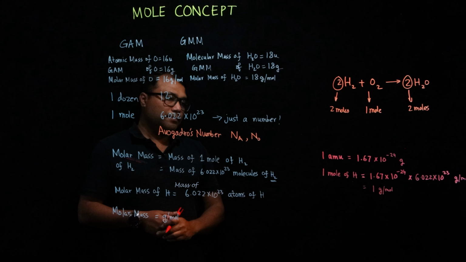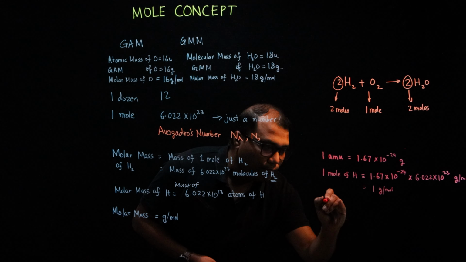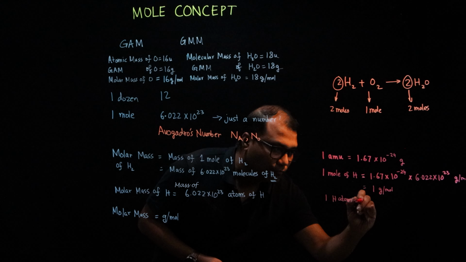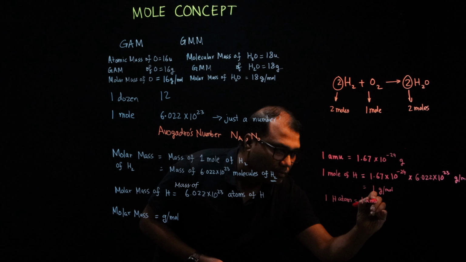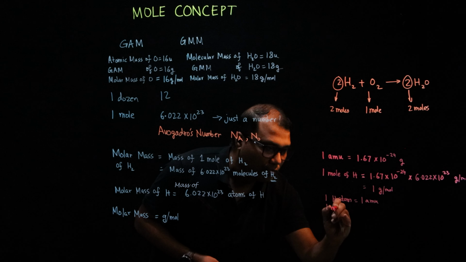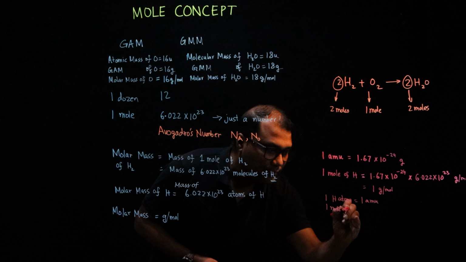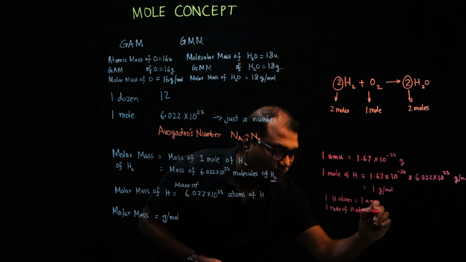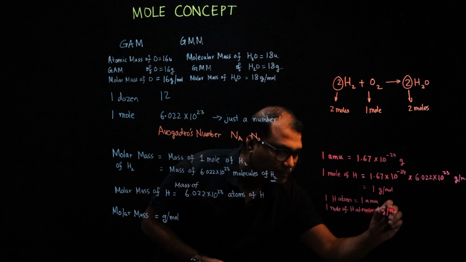So that's the reason if 1 hydrogen atom weighs 1 AMU, then 1 mole of hydrogen atoms will be 1 gram per mole.